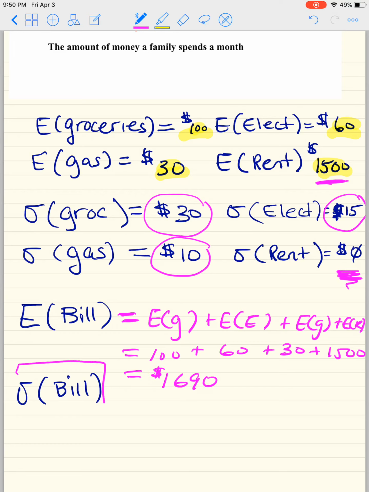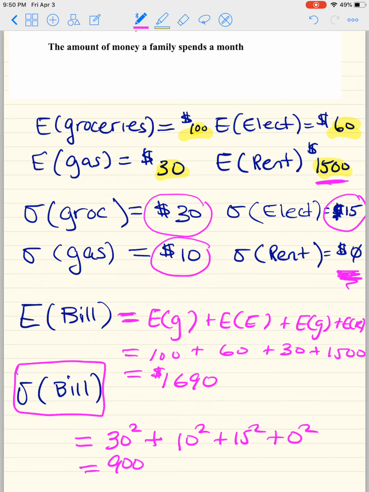But this part right here is the most important part. The standard deviation. You're going to have to square all of the standard deviations first. And I'm going to just put the 0 there. And once we figure that out, that's going to be 900 plus 100 plus 225 plus 0.